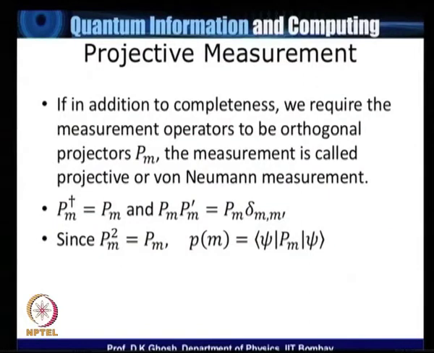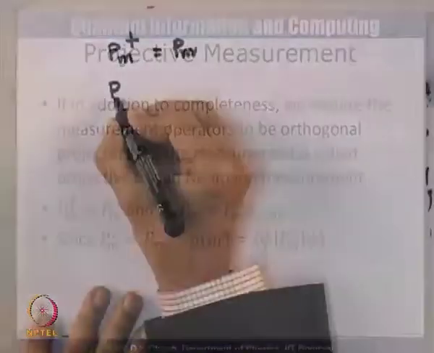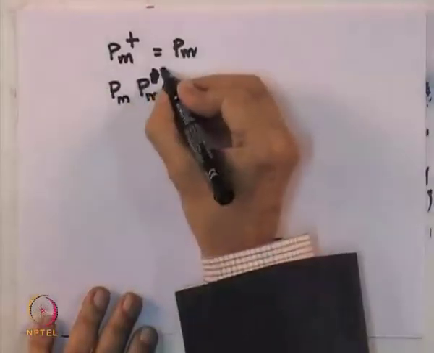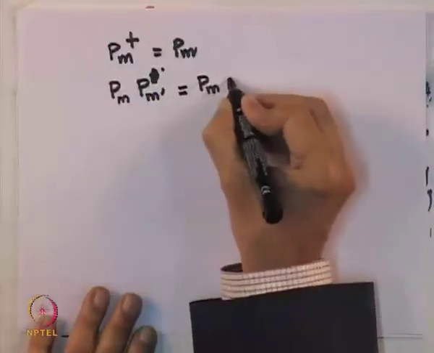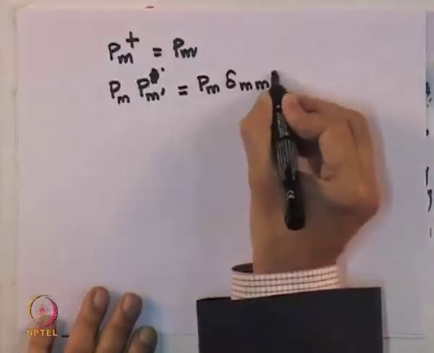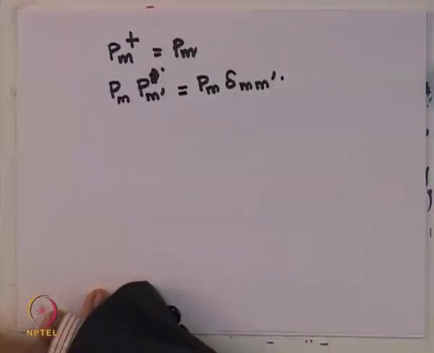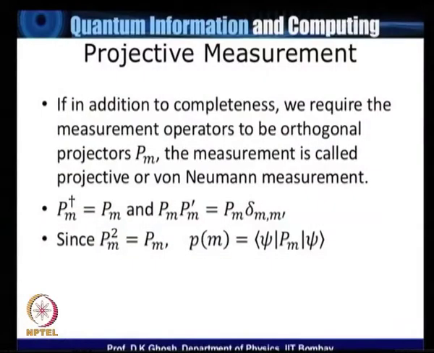The reason is very obvious: if you have once projected it, applying a projector a second time is not going to take it out of this space. So P_m P_m prime is equal to P_m delta_{m m prime}.